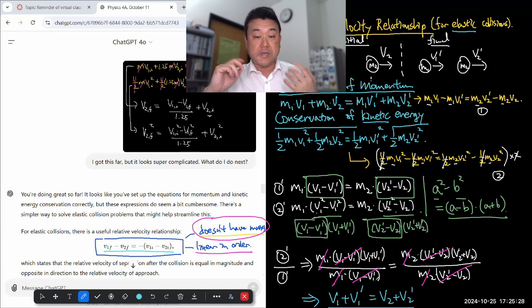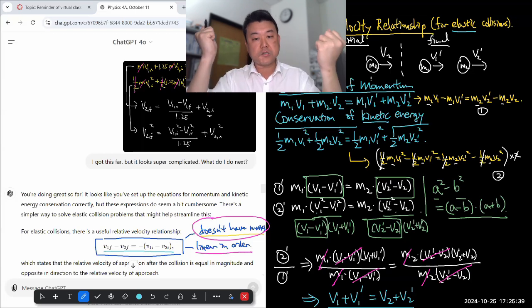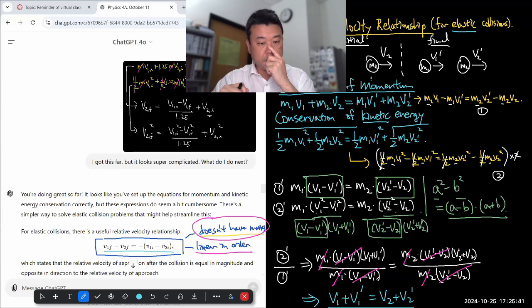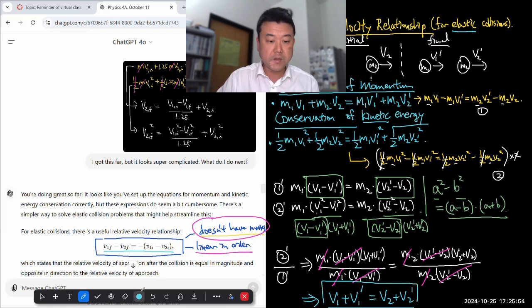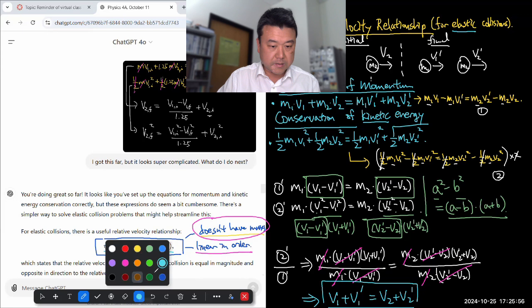And its usefulness in problem solving is, imagine you are trying to work out velocities of some objects after an elastic collision. So doing it in a traditional way, you might use these two equations. And with this equation being derived out of those two, this is what it means.